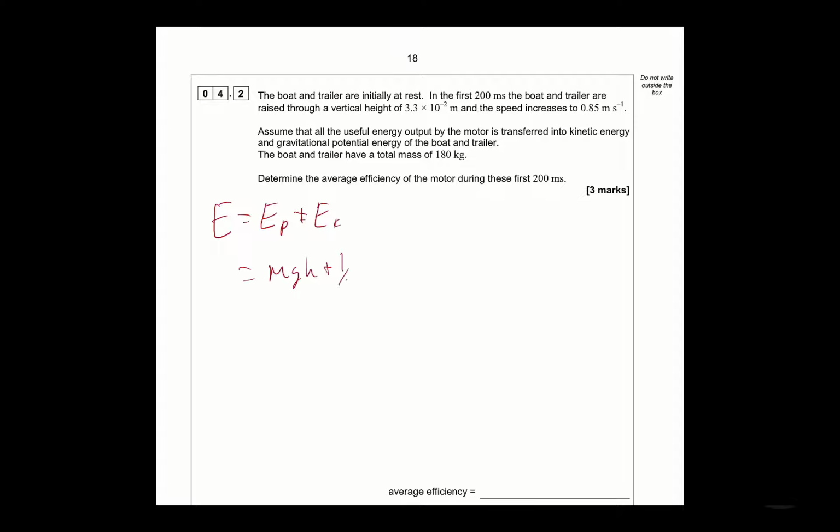So 180 times 9.81 times 3.3 times 10 to the minus 2, plus 0.5 times 180 times 0.85 squared.